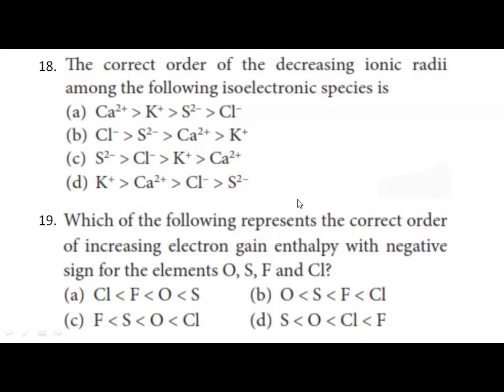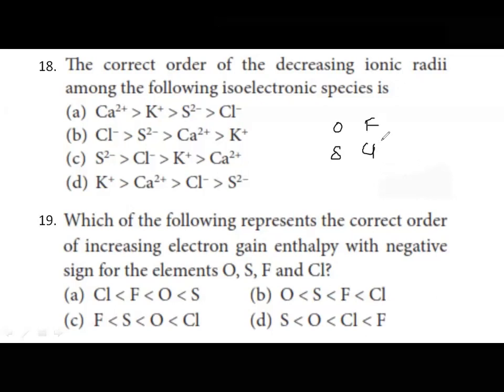So chlorine atom has got highest electron gain enthalpy in the periodic table. Yes, fluorine being the first member of group 17 has higher electron gain enthalpy than sulfur. So amongst these, chlorine is having highest electron gain enthalpy. That means it is having more negative value.